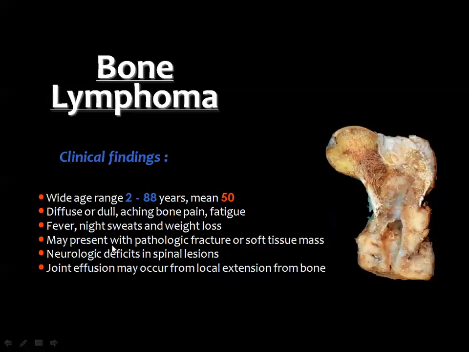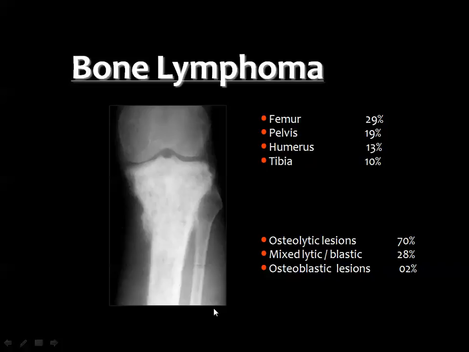It may also present by pathologic fracture, and in cases of spinal lesions, neurologic deficits may be seen, or in cases of joint affection, effusion of the joint may be identified.